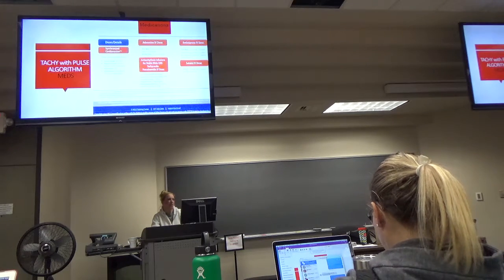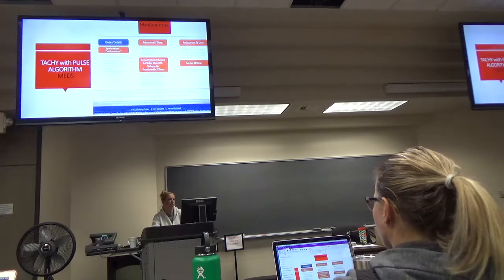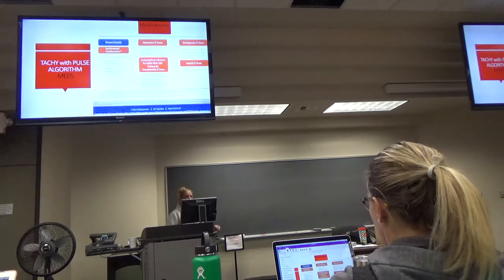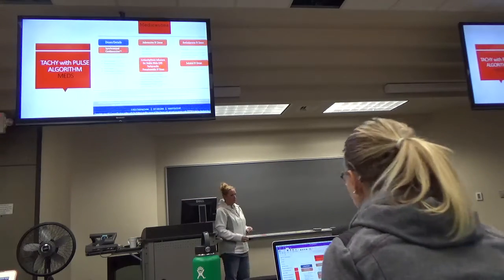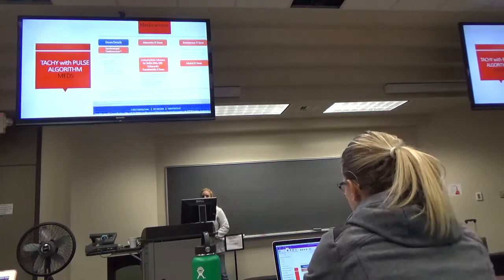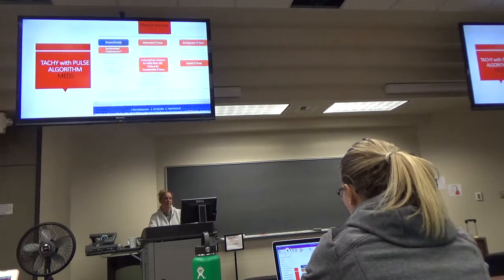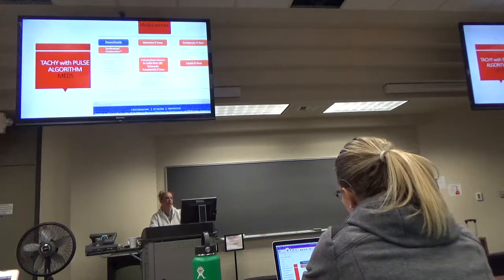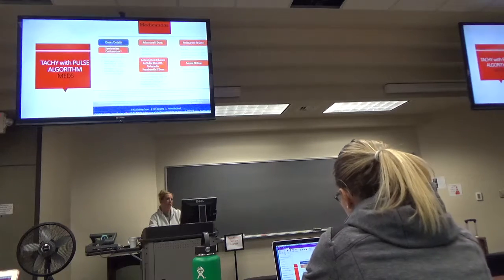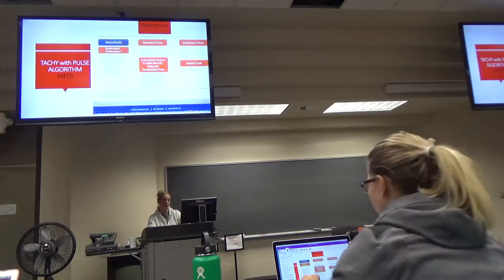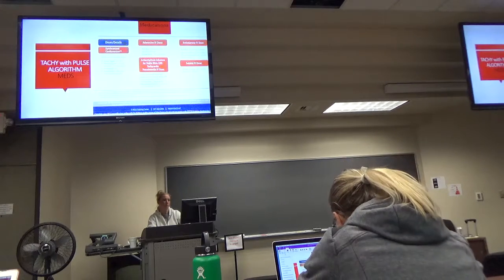So tachycardia with a pulse, the medications, again, you're going to be with the pulse. If you need to cardiovert, it's cardioversion, and it is synchronized. Make sure the machine is set to that. Know your joules of what that is set at, what you start with, and what you go to next. And again, it depends on if the QRS complex is narrow or wide.